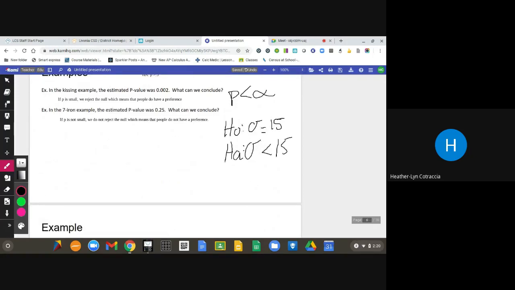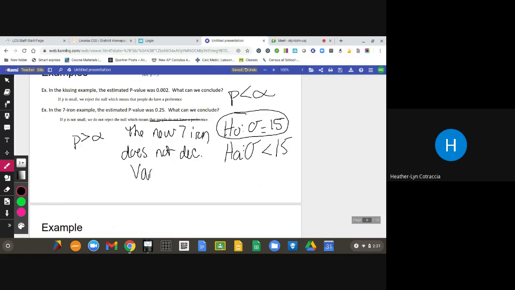So in this one, p is not small because p is greater than 0.05, and we always assume 0.05 if they don't tell us. So here we do not reject the null, so the null is probably true, which means that the new 7 iron does not decrease variability. Because we failed to reject. And notice that I don't say things like we accept. It's just wording. You'll get used to it as we go through more examples.